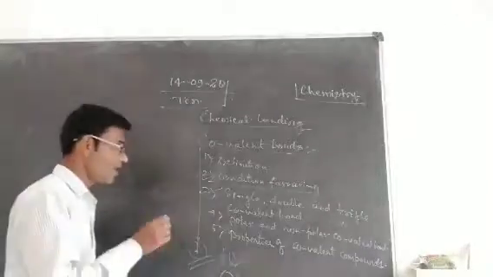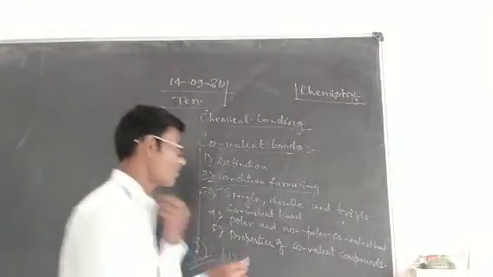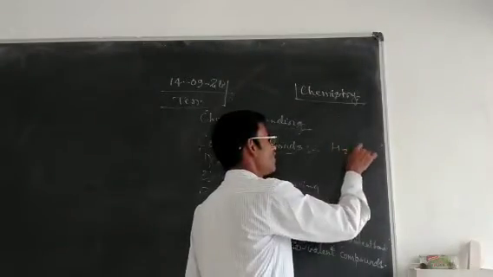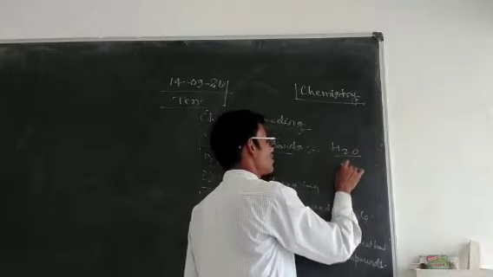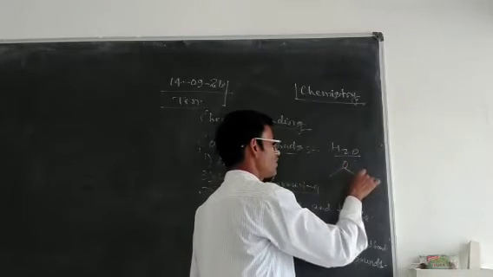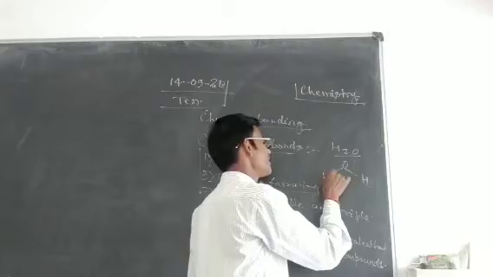It is denoted by a single dash. For example, in the molecule of water, the two atoms of hydrogen are linked to oxygen with single covalent bonds.